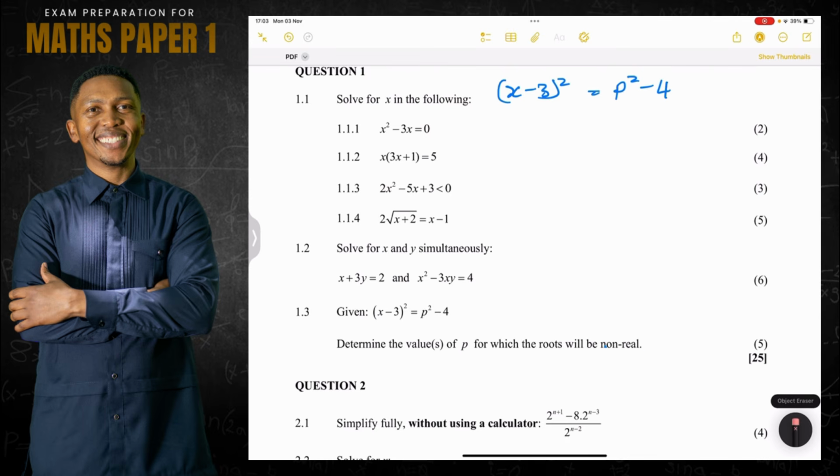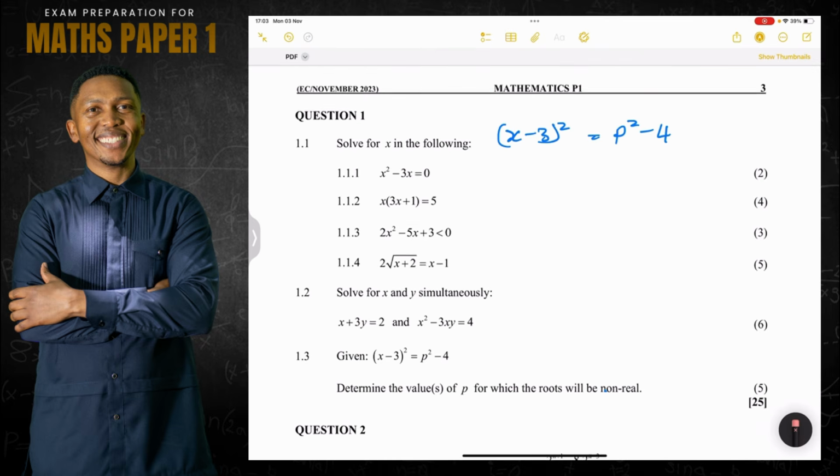Remember, for non-real roots, delta is less than 0. For a parabola, it means there are no x-intercepts, so you're looking at a parabola that looks somewhat like this, and for that, delta is less than 0.